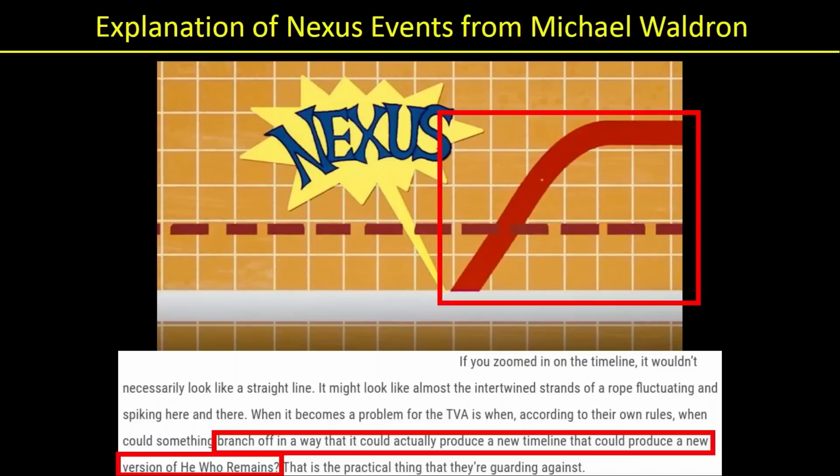The irony is, I don't think the TVA knew that. No one told them exactly why they were doing it. They were just told, this is a deviation, get rid of it. But we know it's Kang, He Who Remains, preventing any other Kangs from being created. Okay, great. That totally makes sense. So you can have Nexus events that don't pose an issue. But if those Nexus events result in a new He Who Remains, that's a problem.